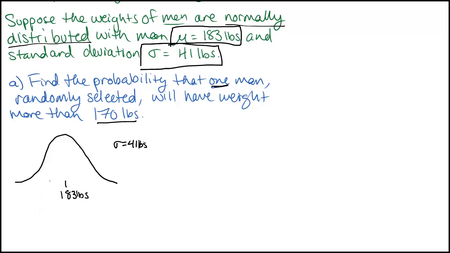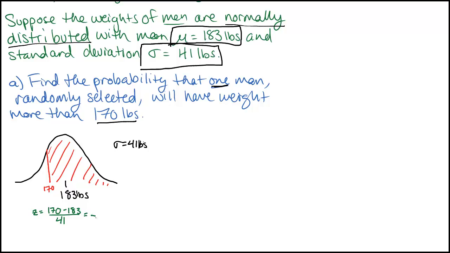Well, if I draw 170 on here, that's less than the mean, so 170 is somewhere over here. So we want to find this area under the normal curve, or this probability, to the right of 170. We've looked at this in a previous video. We first have to find the z-score associated with 170. That would be 170 minus the mean, divided by our standard deviation.